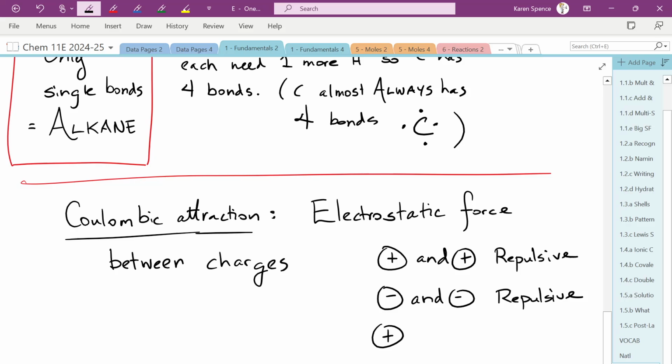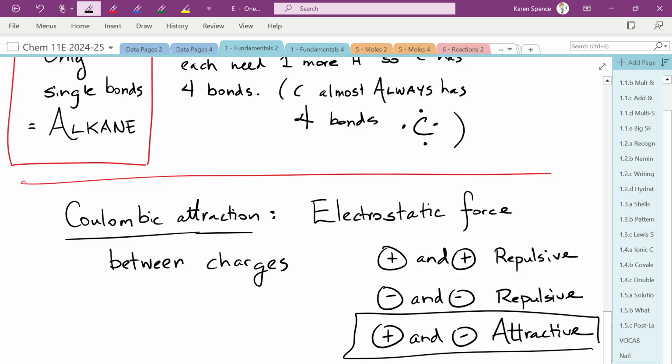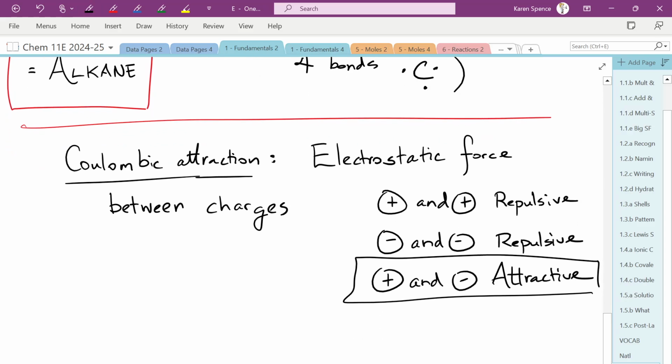And positive and negative is an attractive force. So the Coulombic attraction specifically refers to this one. Okay, but if you say Coulombic forces, it would have referred to all of those attractive and repulsive forces.